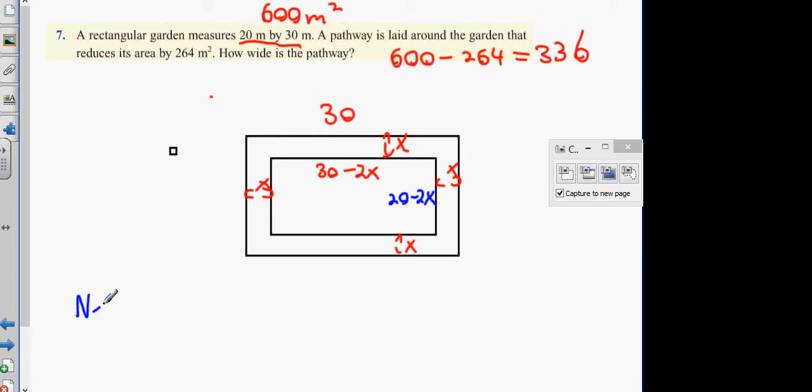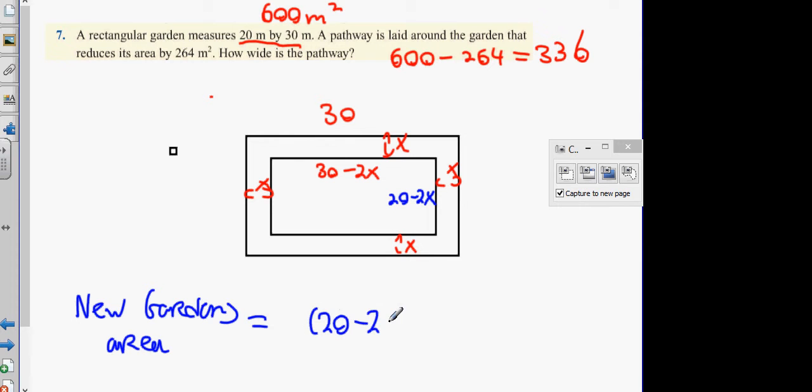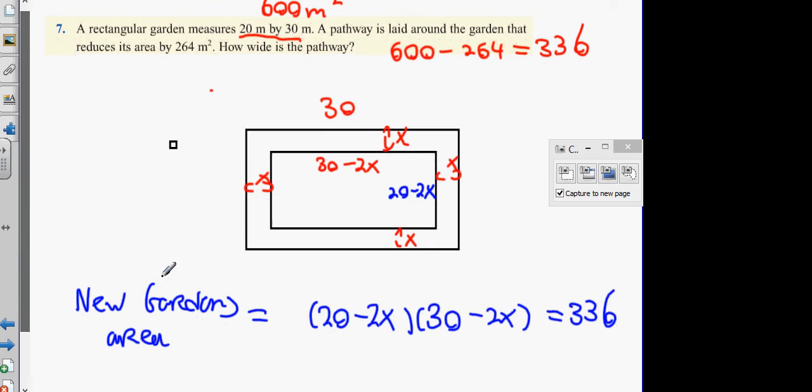Now the new garden's area is equal to 20 minus 2x multiplied by 30 minus 2x, and that has to equal 336, because the length and the width of the new garden multiplied to give you the new area. Any questions thus far? No.